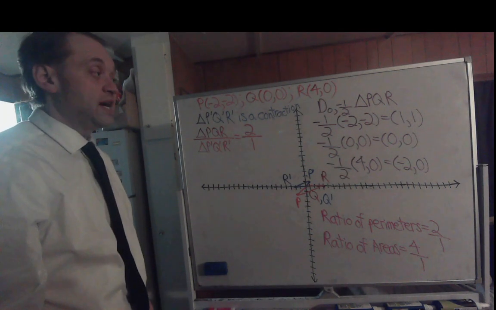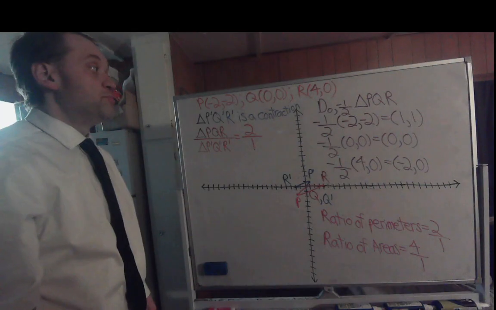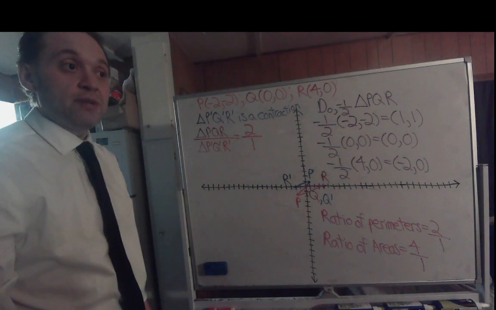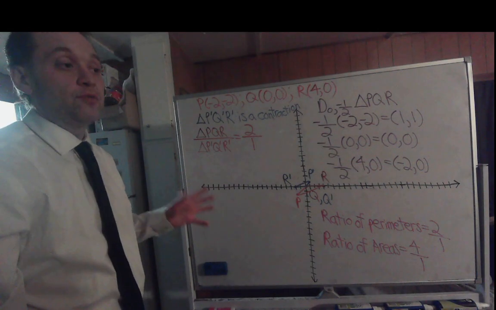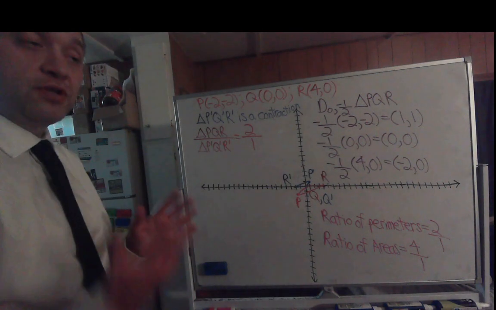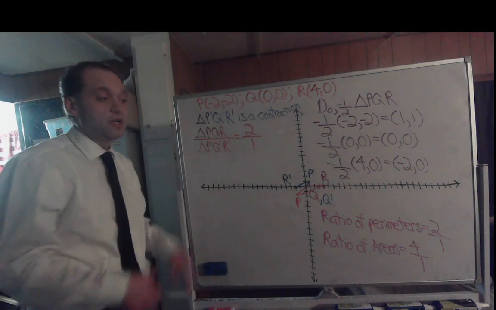So that's why they're not isometries. But it does map one similar shape to another similar shape. So you have similarity rather than congruence. And we can use the previous theorems of properties of similar shapes and apply those here.